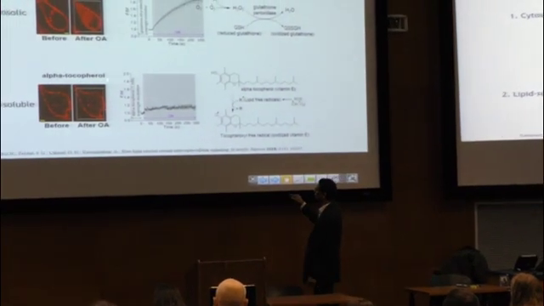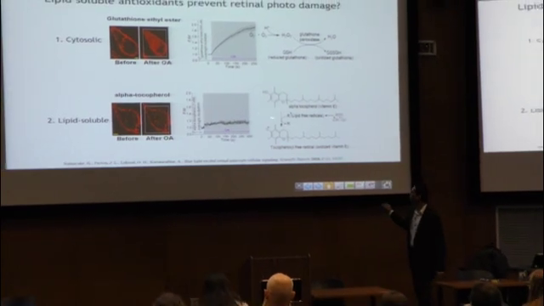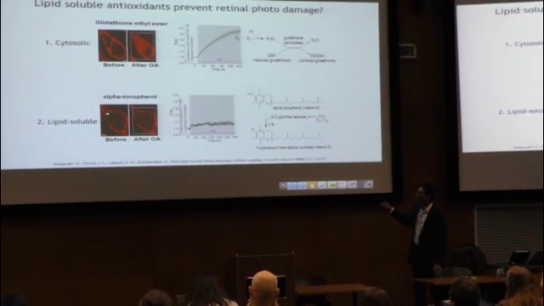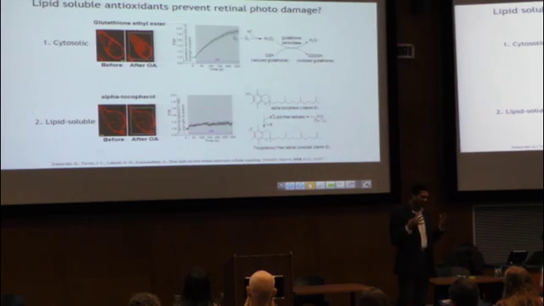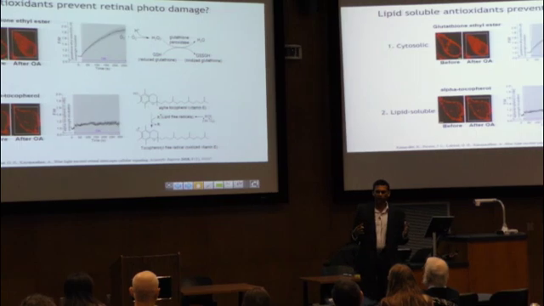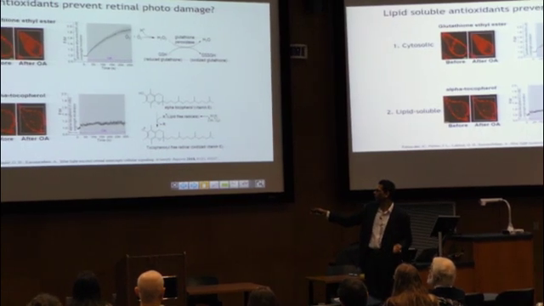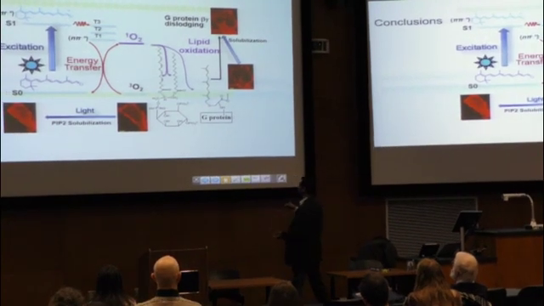However, when we use alpha tocopherol, a vitamin E derivative, we can prevent that. So this shows that this reaction is happening in a place in the cell where lipids can go in, and not in a place like cytosol where you have a lot of water. So this is our conclusion.